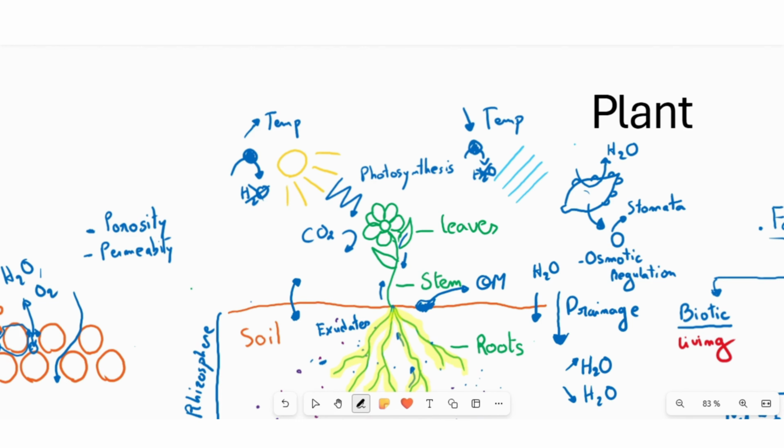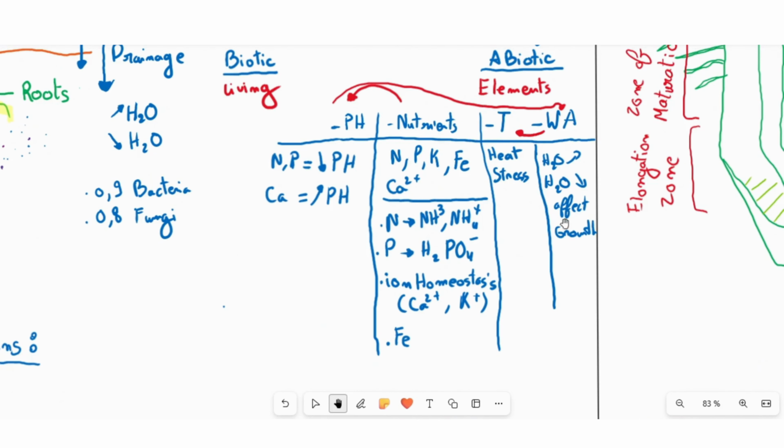What's going to happen? It's not going to be doing photosynthesis. So it's going to lose nutrients. So as we can see, this is cold stress. And these two are going to result in loss of water and loss of nutrients.